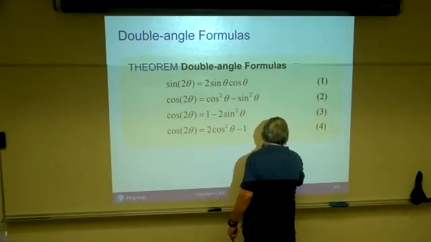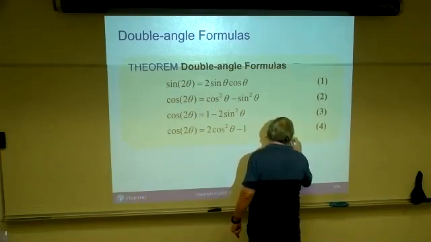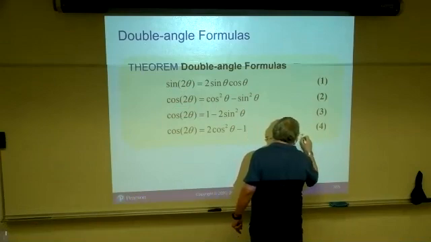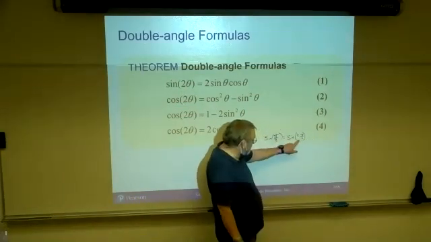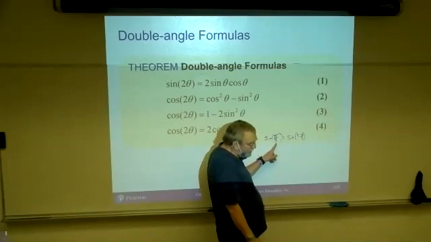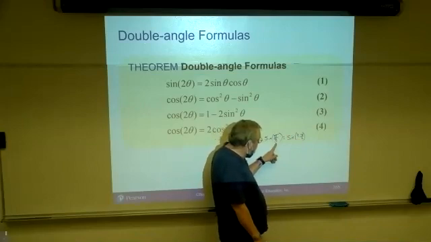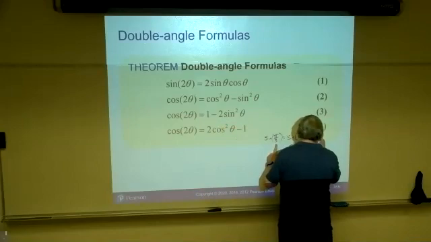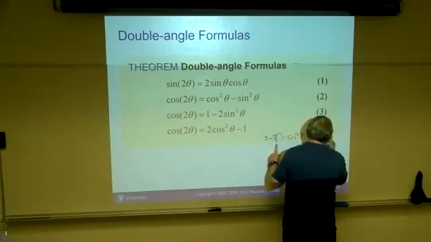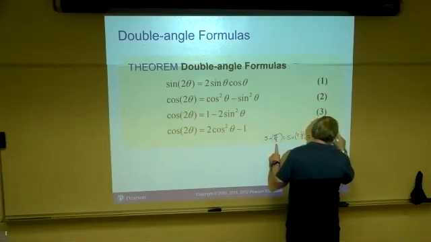So sine of pi over 3 is going to be the sine of 2 times pi over 6. Double angle. I double this angle, I get this angle. Using that formula, it's saying it's going to be 2 times the sine of pi over 6 times the cosine of pi over 6.